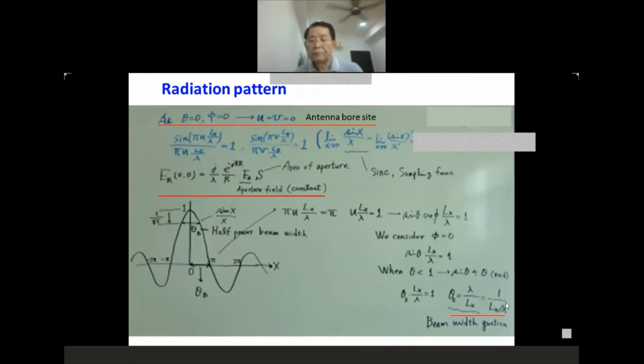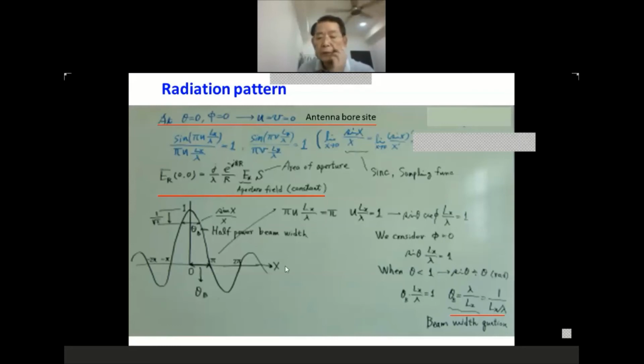So this is in radians. This is a very important equation to understand how sharp this beam is.